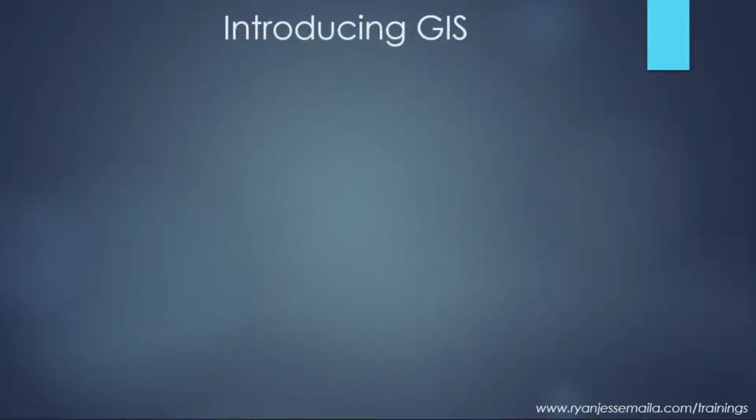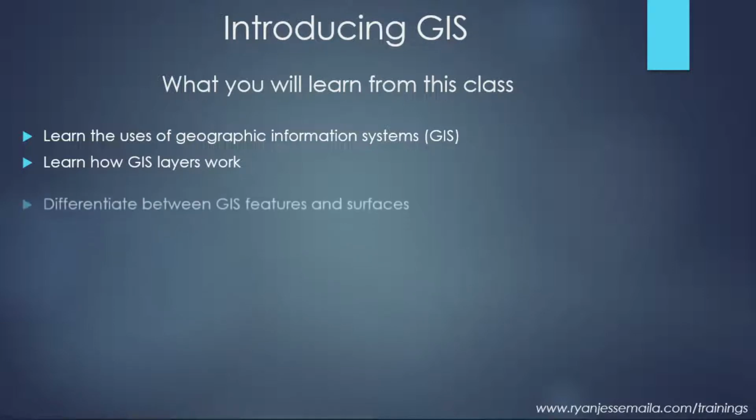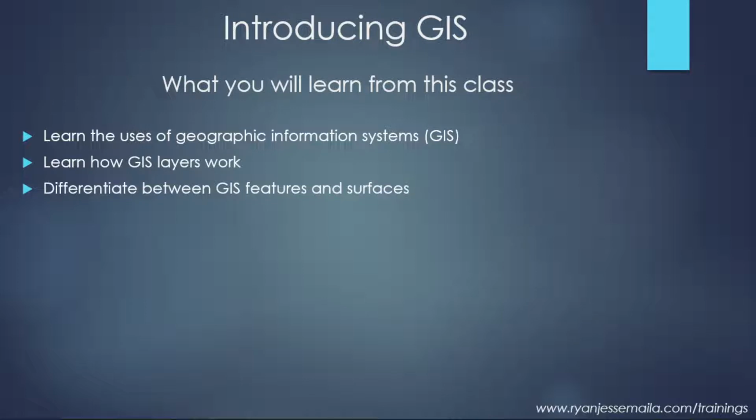So in this course, I'm basically introducing what GIS is, and the guideline in my introduction will be to help you understand and learn the uses of geographical information systems. It will also be to help you learn how layers work. You'll also be able to differentiate between GIS features and surfaces.